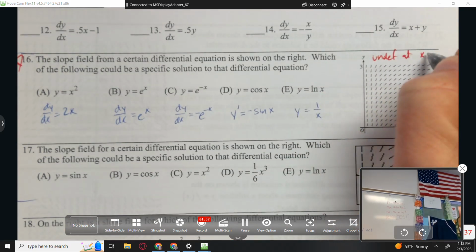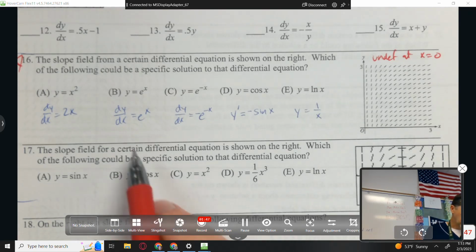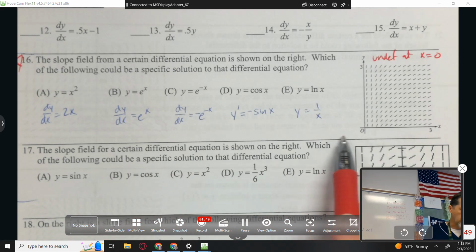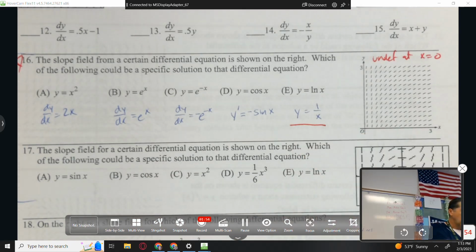Undefined at x equals 0. That makes me think it's either e to the x or ln x or something like that. So I look at my dy dx's and only one of those is undefined at 0. So that makes me think e. That's only one thing though. Maybe I should try to figure out something else.